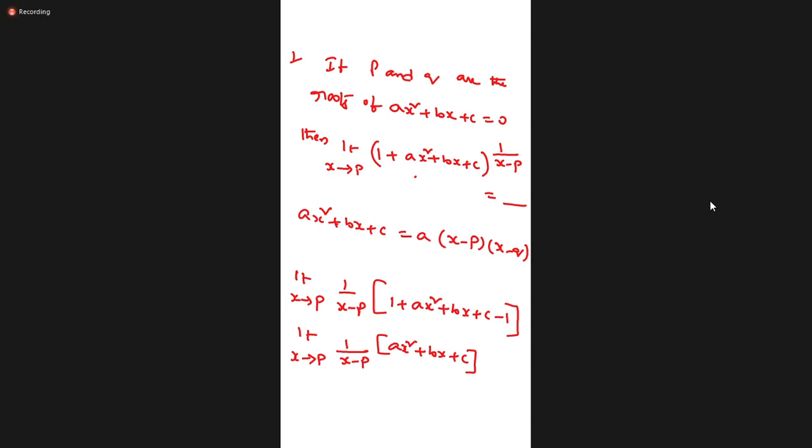How to write this one: a into (x minus p) into (x minus q), x minus p cancel, x tends to p given, substitute here, you will get a into (p minus q). Final answer e power.